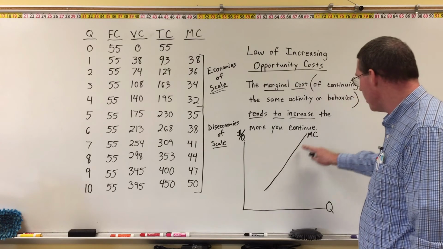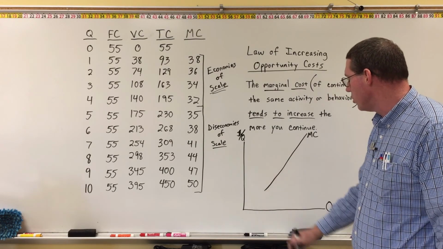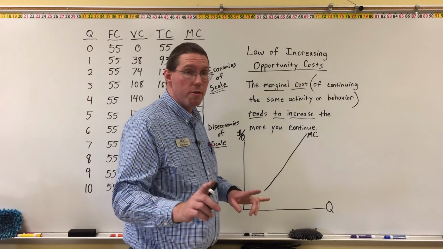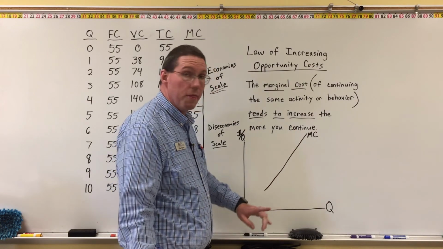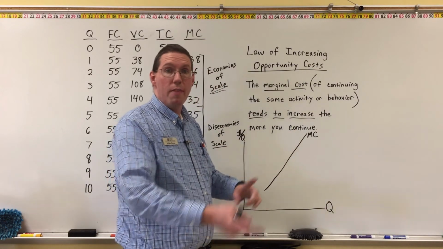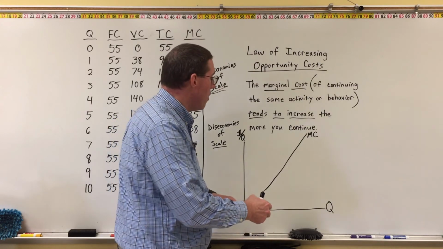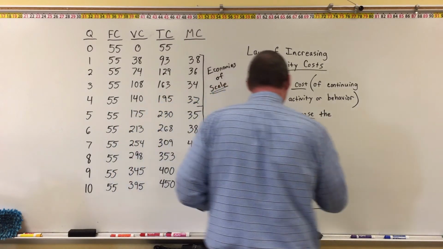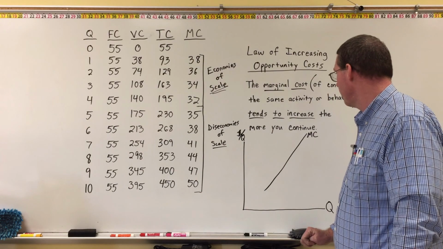And so what you see here, this upward sloping curve, this is what I will draw as a marginal cost curve. And eventually what you're going to see when we mix this marginal cost curve with the marginal revenue curve and the demand curve and then the other 2 curves is that they interact with one another. Okay? So it's important for you to understand that this is what the marginal cost curve looks like.